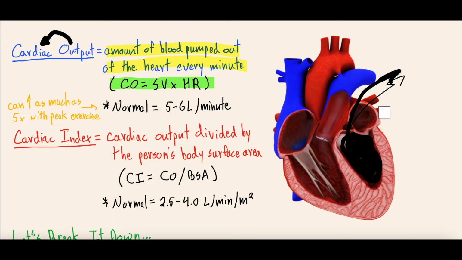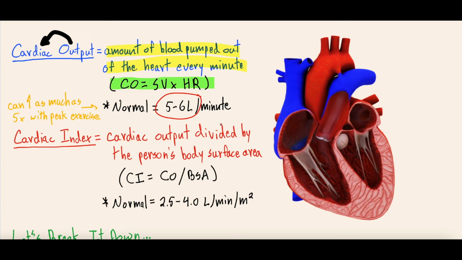And that conceptually makes sense to give you the cardiac output, the amount that the heart is pumping out every single minute, which is how much blood gets pumped out in a single heartbeat times the number of beats in each minute.